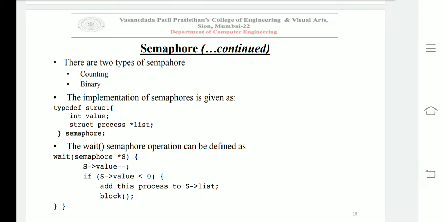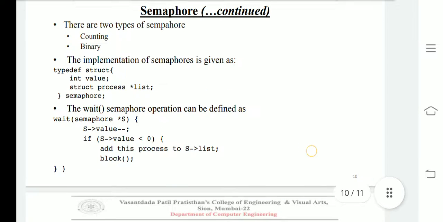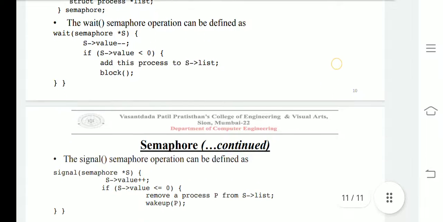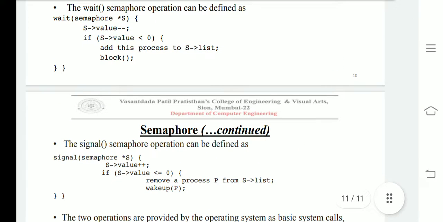With this, the problem of busy waiting may arise. To overcome this, the definitions of the wait and signal operations are modified. So here you can see the new definitions of the wait and signal semaphore operations.